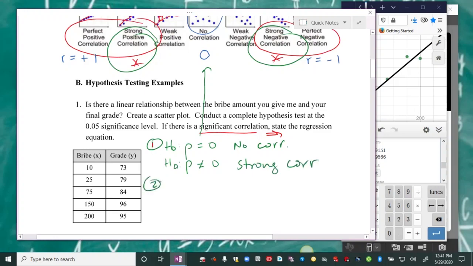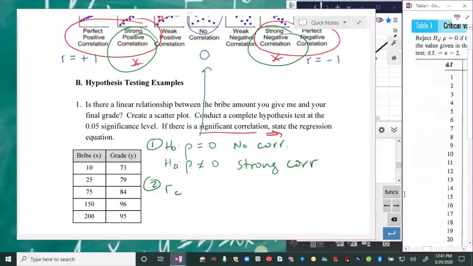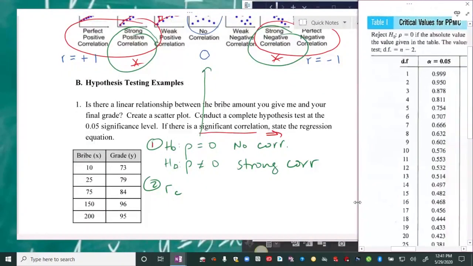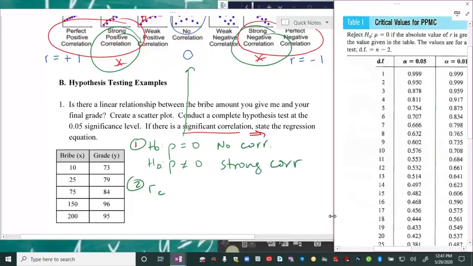Step number 2 is to find our critical value, and we're going to do that with table I. Let me go ahead and bring up table I. Here it is, and I'm just going to make it a little bit bigger. You definitely want to print this off or have access to it. At the top of table I, it gives you the null hypothesis, rho equals 0.